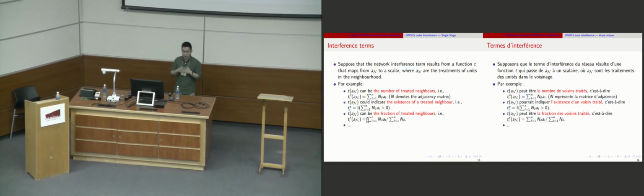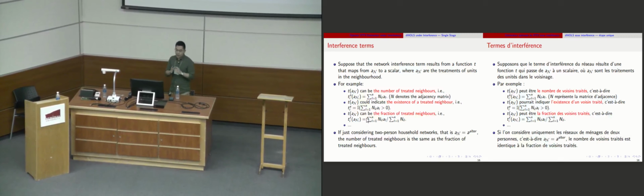These interference terms are the summary of the treatment of your neighbors. So by setting the adjacency matrix, we can weight our neighbors by the strength of the relationship. For example, I could be more likely to be infected by my close friends than by other friends.